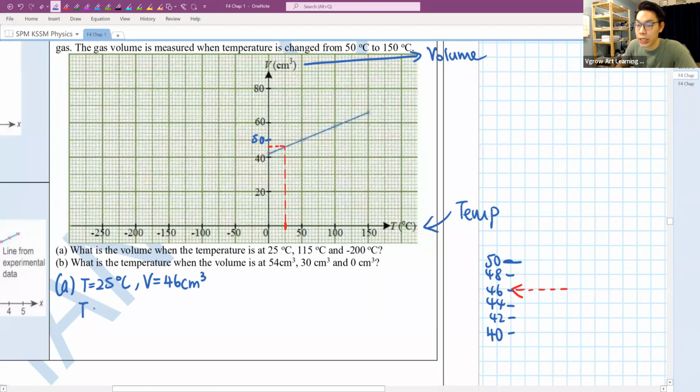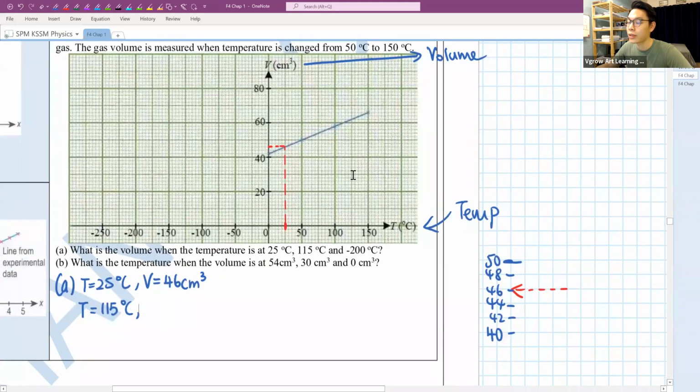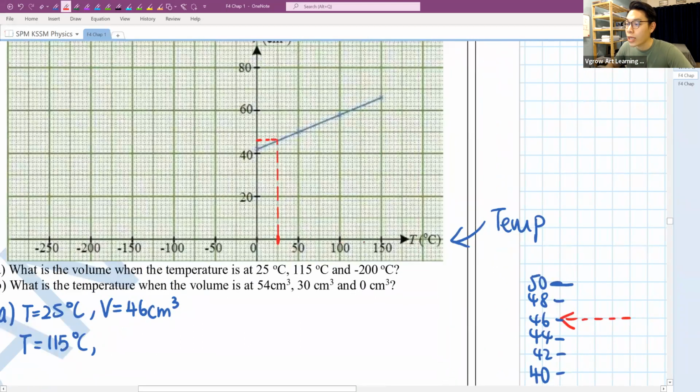Now we're going to do when the temperature is 115 degrees Celsius, what is the volume? Okay, so this is what we call interpolation. I'm reading from inside the graph. Okay, so I go to my graph, 115. 100 is here, 125 is here. 105, 110, 115, 120, 125.